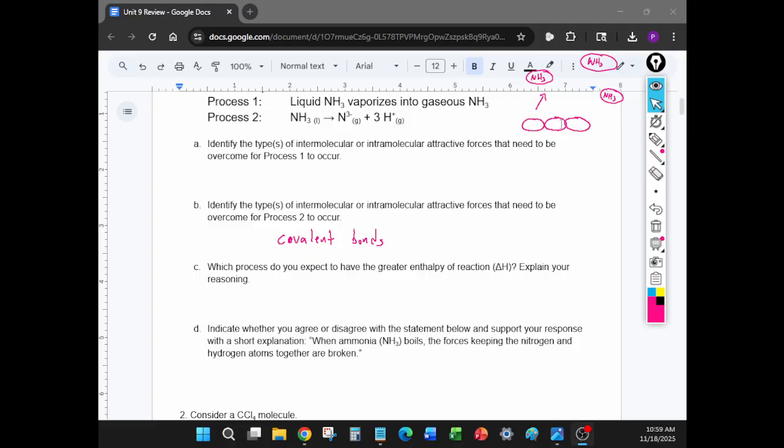So for process 1, the intermolecular forces are being broken, because NH3 is still staying together as a molecule, so covalent bonds aren't breaking. It's just intermolecular. And so you just need to identify what intermolecular forces NH3 experiences. So what's one that it experiences? Hydrogen bonding.